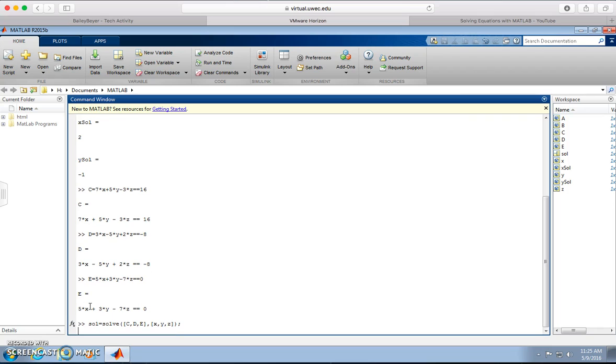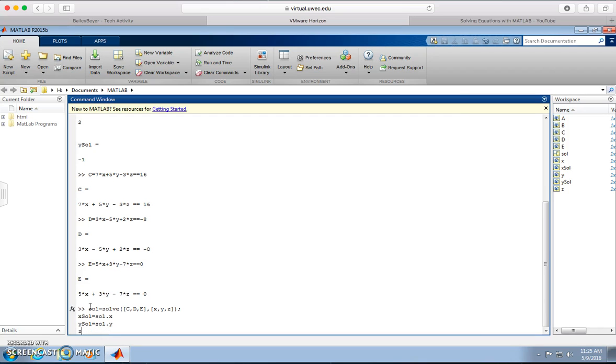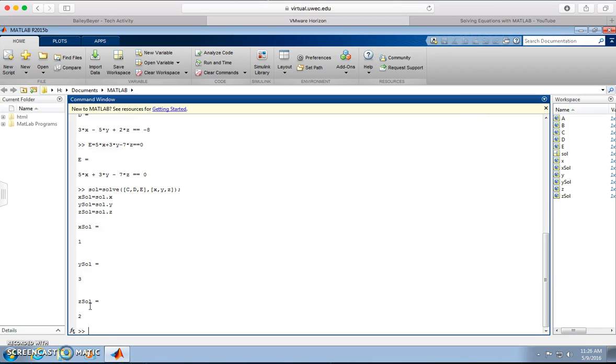Hit shift enter. X sol will equal sol period x. Y sol will be sol period y. Shift enter. And z sol will equal sol period z. Now hit enter by itself. And it will return that x is 1, y is 3, and z is 2.